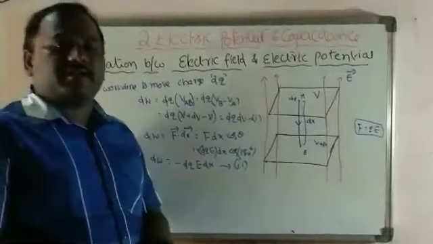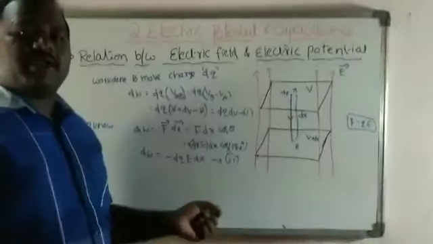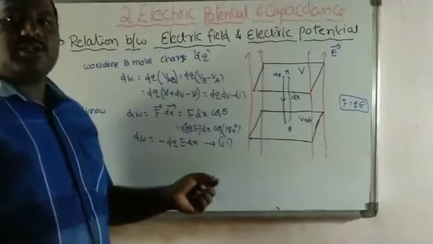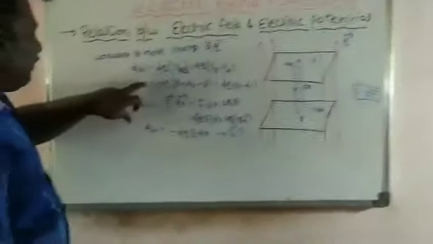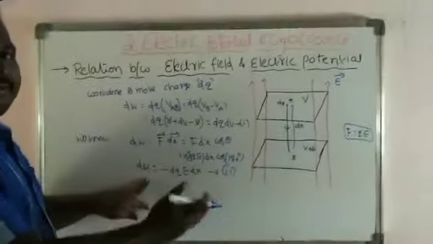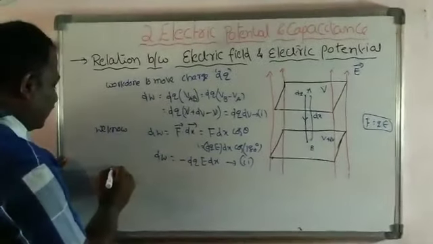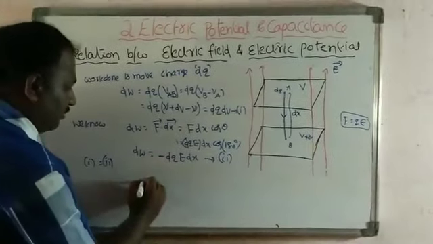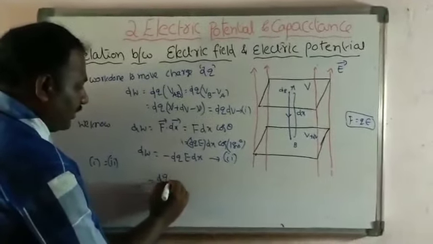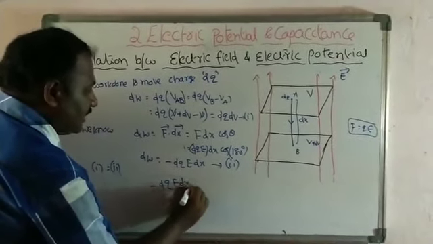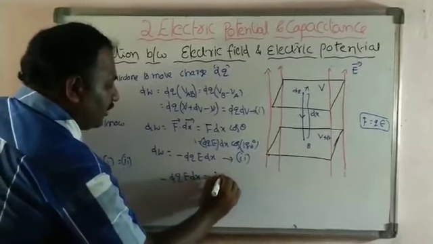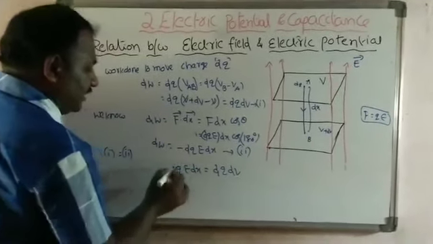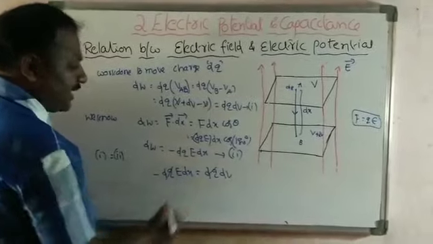But we have to find the relation between E and V. Equation 1 and equation 2 are both the same work, so equating them: minus dq into E dx is equal to dq into dV. The dq and dq cancel.